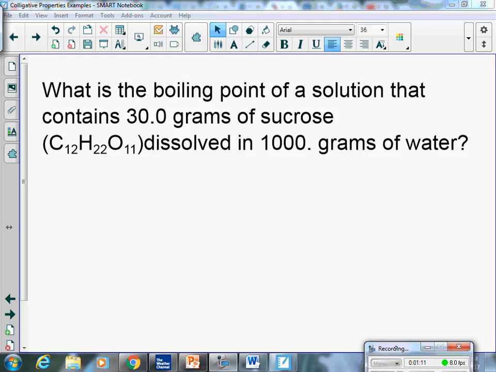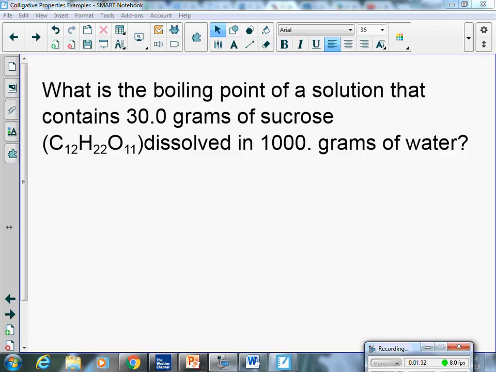Welcome back, Chem students. The example says, what is the boiling point of a solution that contains 30 grams of sucrose, which is C12H22O11, dissolved in 100 grams of water?